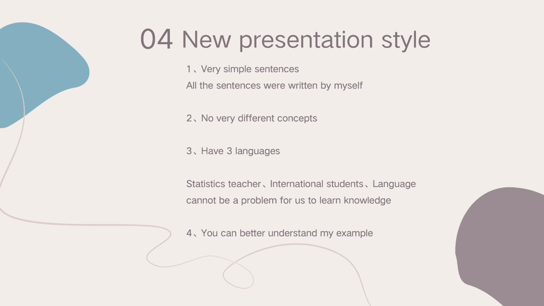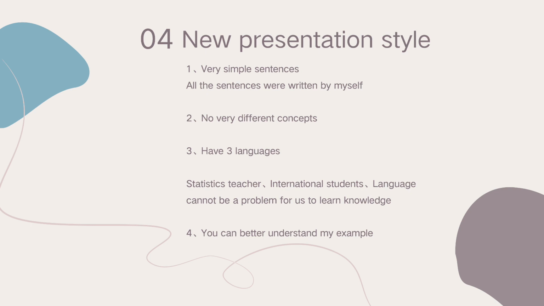I prepared three languages: English, Malay, and Chinese. If you think your English is very good, you can read the English. If you think the Malay language is suitable for you, you can read the Malay language. But I'm so sorry, I can't understand Malay. I just used Google Translate to translate the English into Malay. If you have any question, any problem, please tell me.